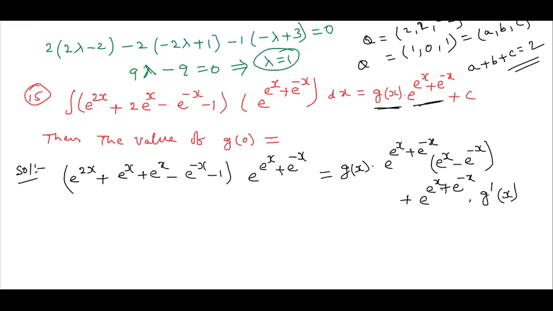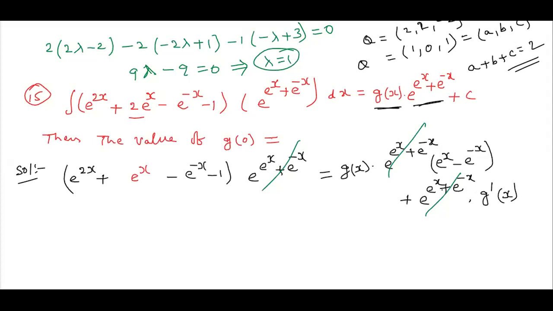Now see, if you take common, this term is going to cancel. Take common in the right hand side and cancel it. Then observe the remaining terms. Now here, this is e power x plus e power x, I have written 2 times. We can write e power x only.